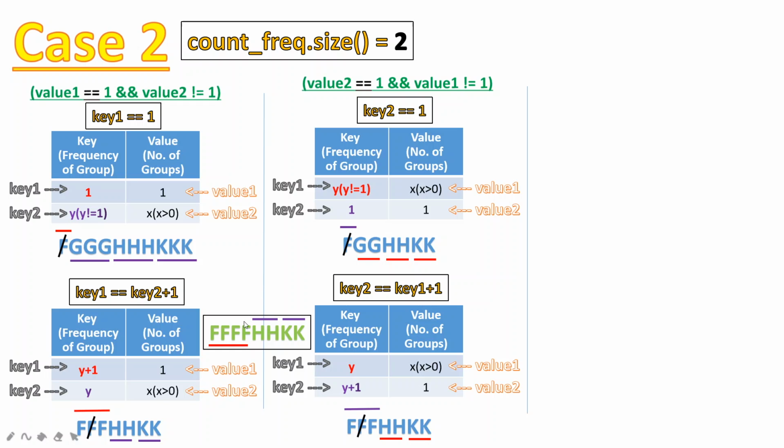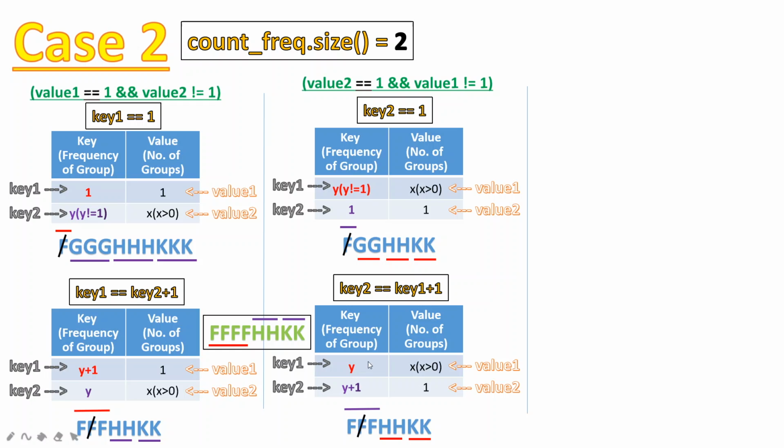So even if we manage to cancel out one F, we still remain with 3F and 2H and 2K. That still isn't the desired condition. So we have to remove another F, which is not allowed in our question. So this is why it fails, and we need to specifically have y plus 1.